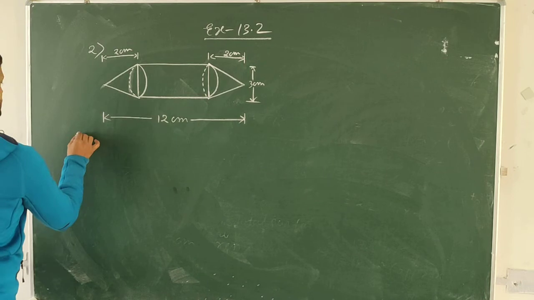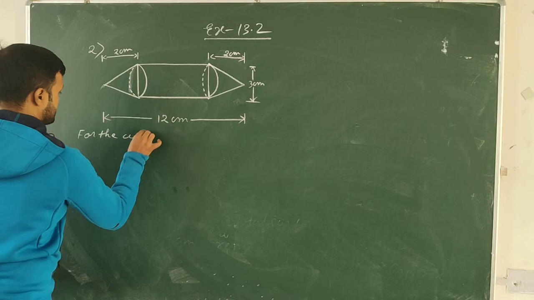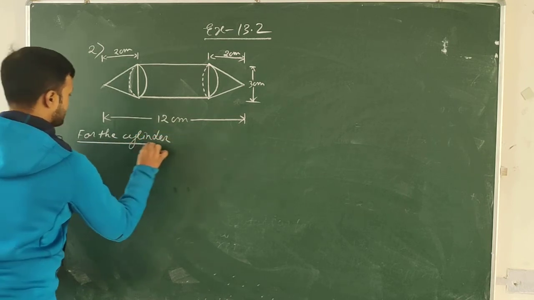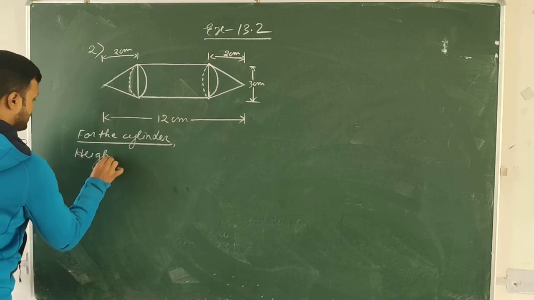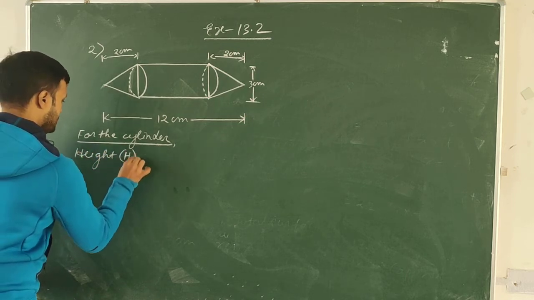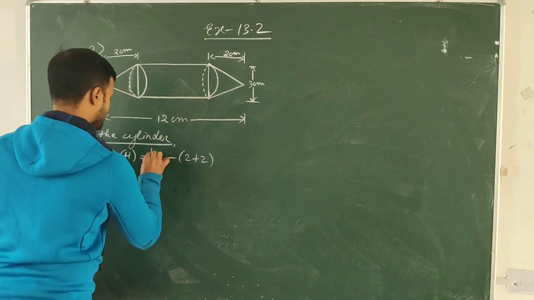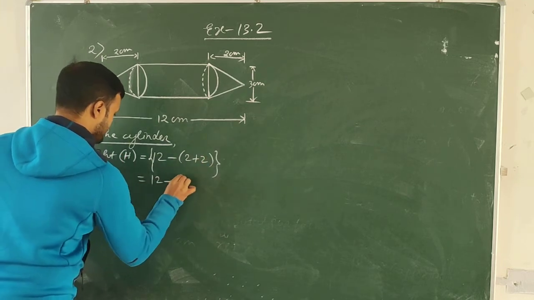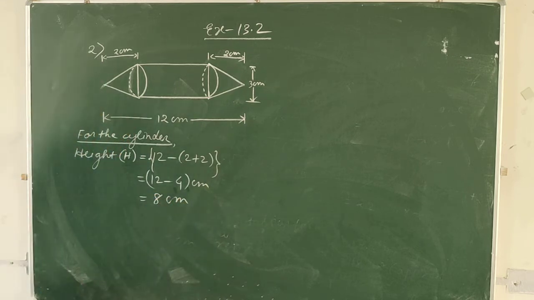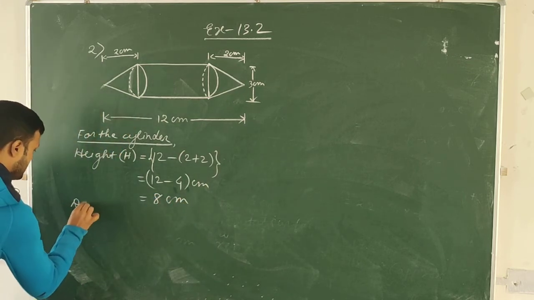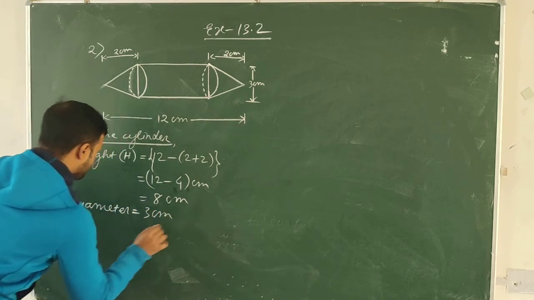Okay. So for the cylinder, height capital H is equal to 12 minus 2 plus 2, 12 minus 4, it is 8 cm, and diameter is equal to 3 cm.